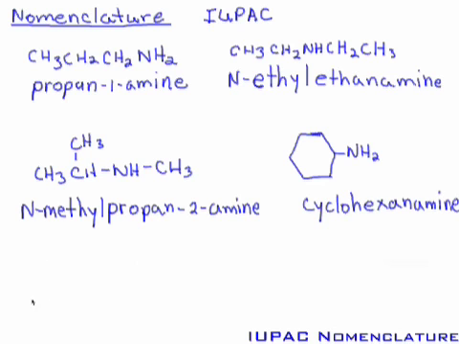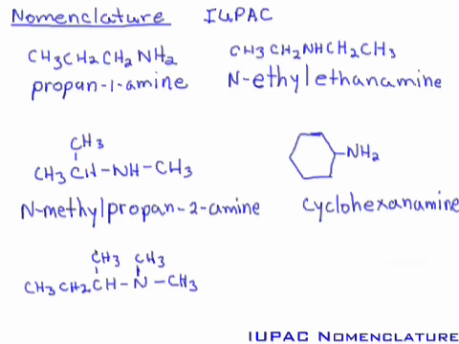Notice if you have several substituents off of the nitrogen, again, the longest carbon chain, 1, 2, 3, 4. 4 is a butane. Drop the E, it's a butanamine.